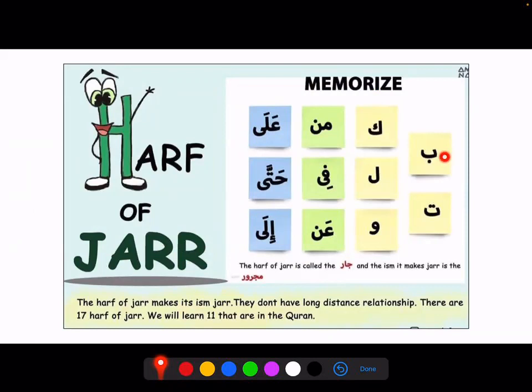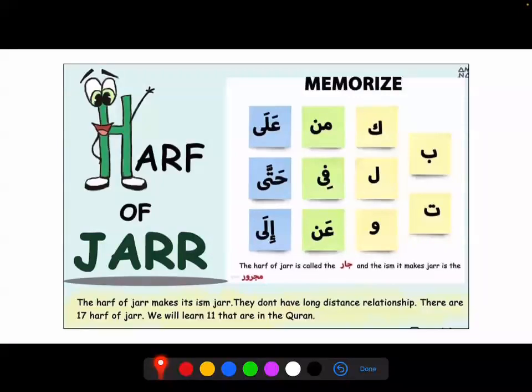They are ba, ta, kaf, lam, waw, min, fi, an, ala, hatta, ila. This is the order, which is very smooth and fluent on your tongue, so that's why we memorize in that order. What they mean, inshallah, we will see, but we need to say them at least 5 times so everyone is familiar with these harfu jar.